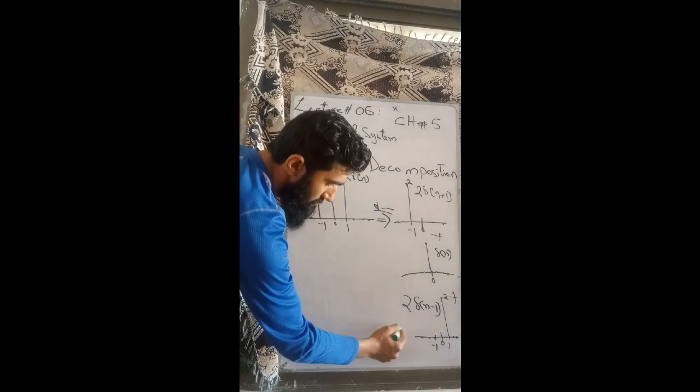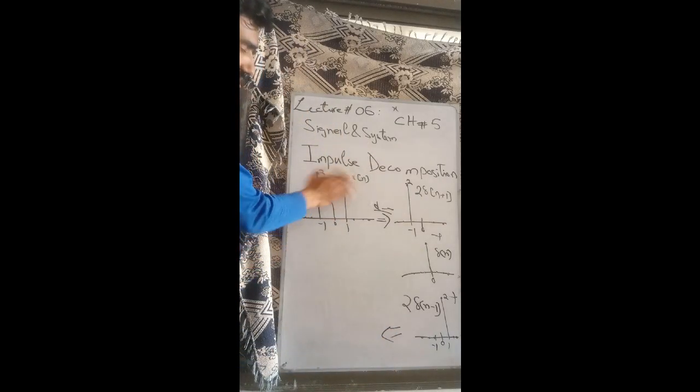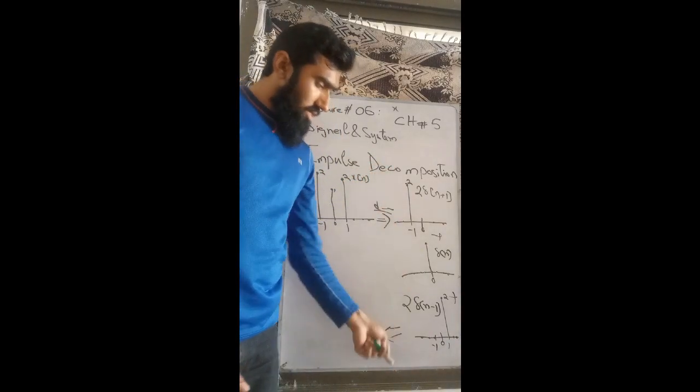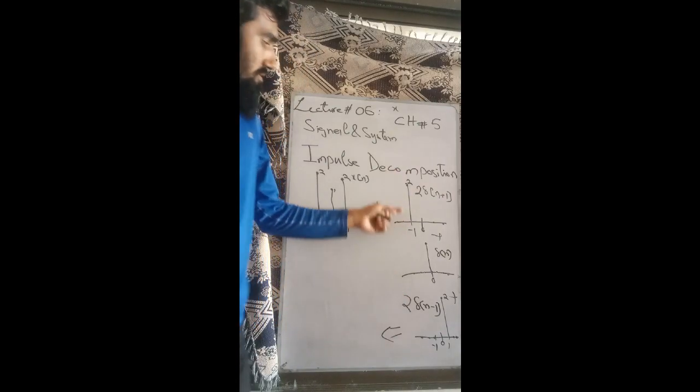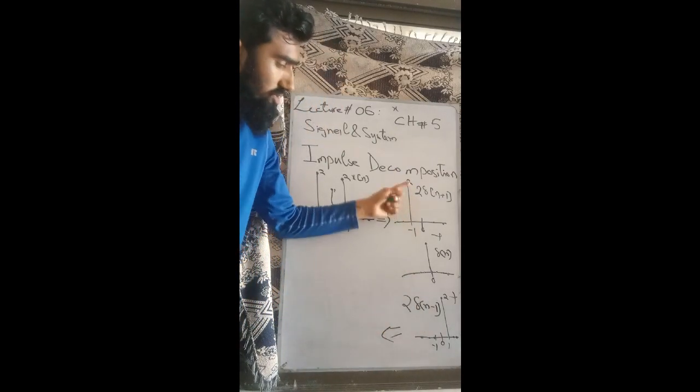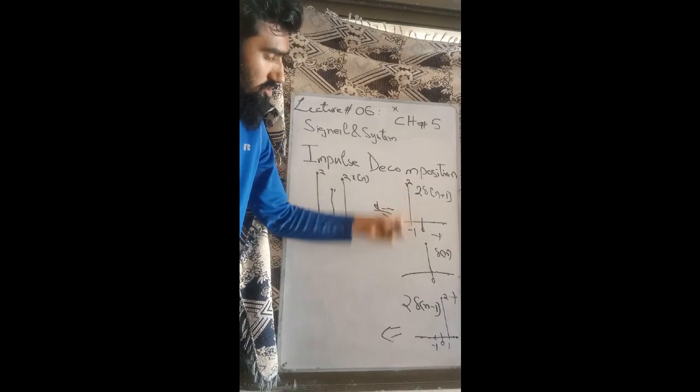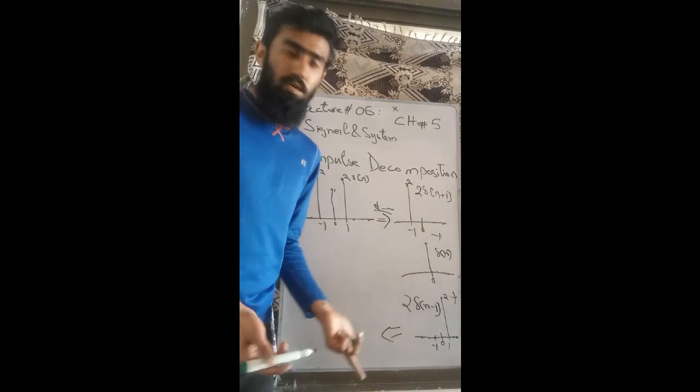So by summing these signals, what do we get? I have drawn these 3 signals. Let's sum them. At -1, we take the sum of all the values: it is 2, 0, 0, so we get 2.